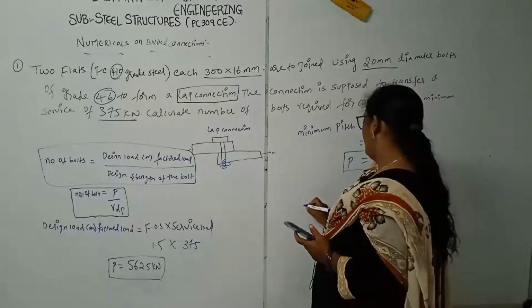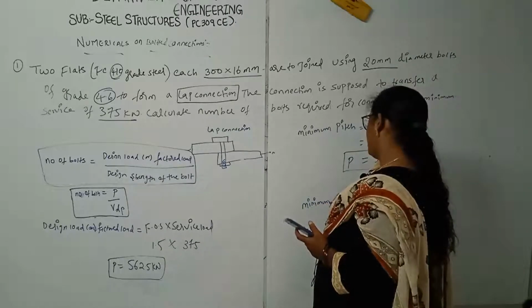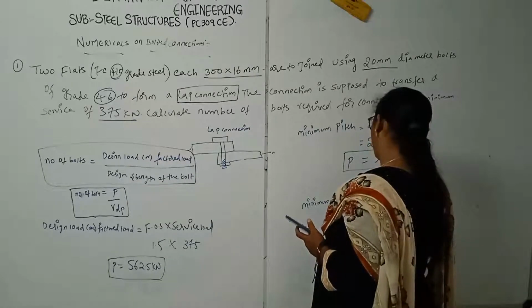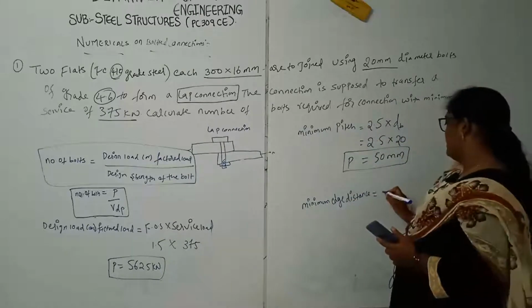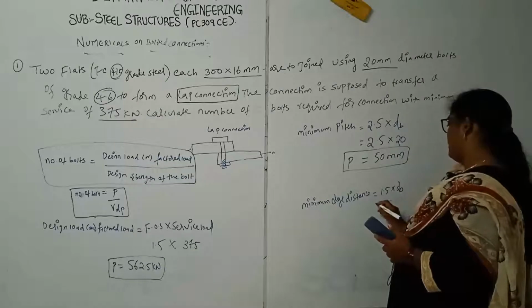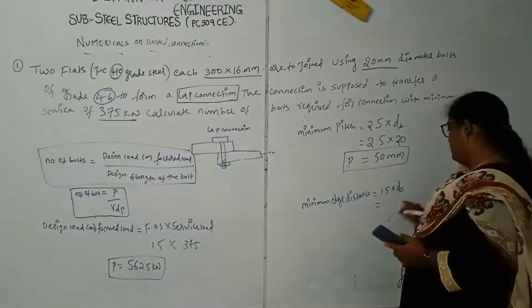Next one, minimum edge distance: 1.5 into d naught, 1.5 times your hole diameter.